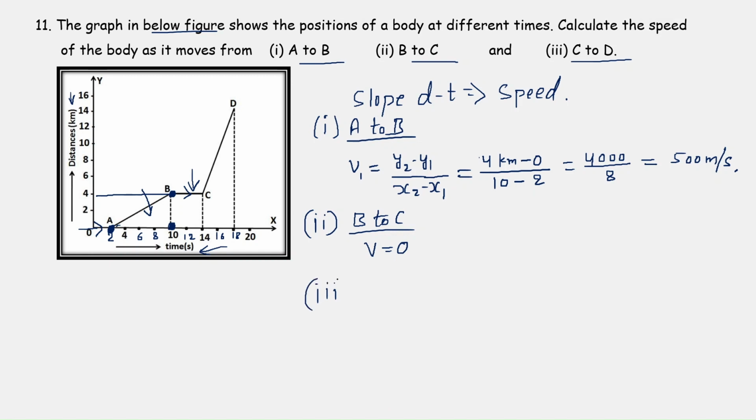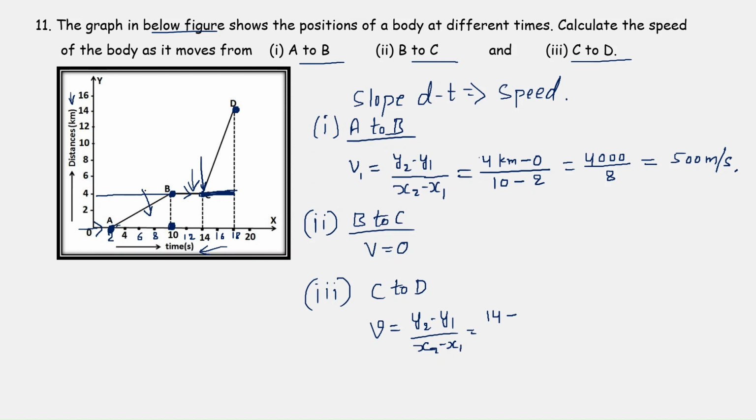Next, third one from C to D. So C to D, if you consider, this is the initial position, D will be the final position. So as it is, we will find out speed equals to y2 minus y1 by h2 minus h1. So y2 minus y1 will be 14 minus 0. No, it's not 0, because y2 minus y1, we have to find out slope till here. So this is the triangle you have to consider.